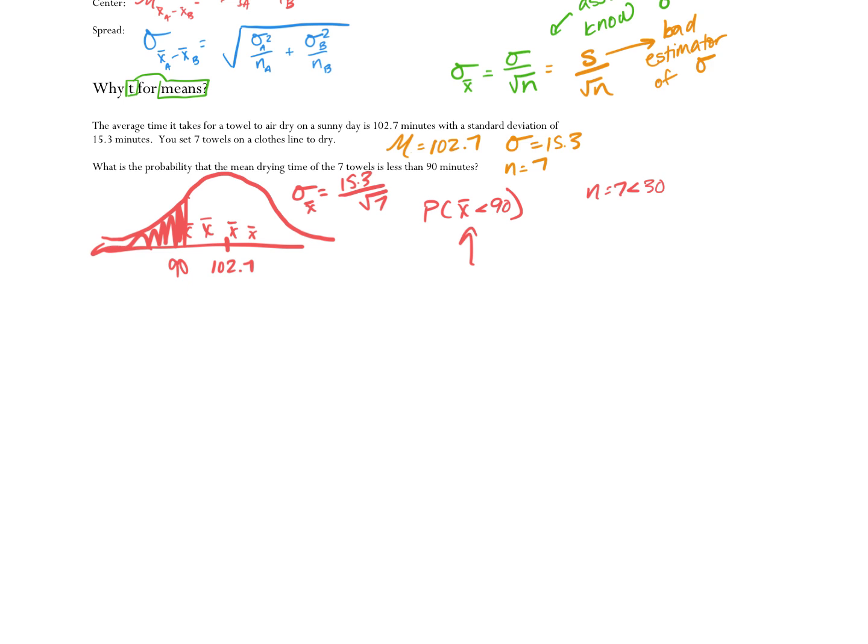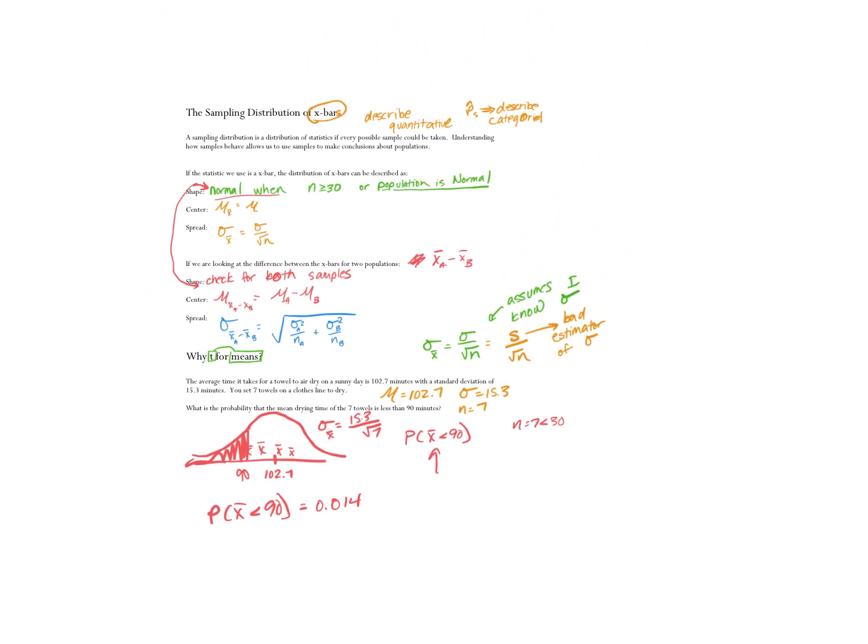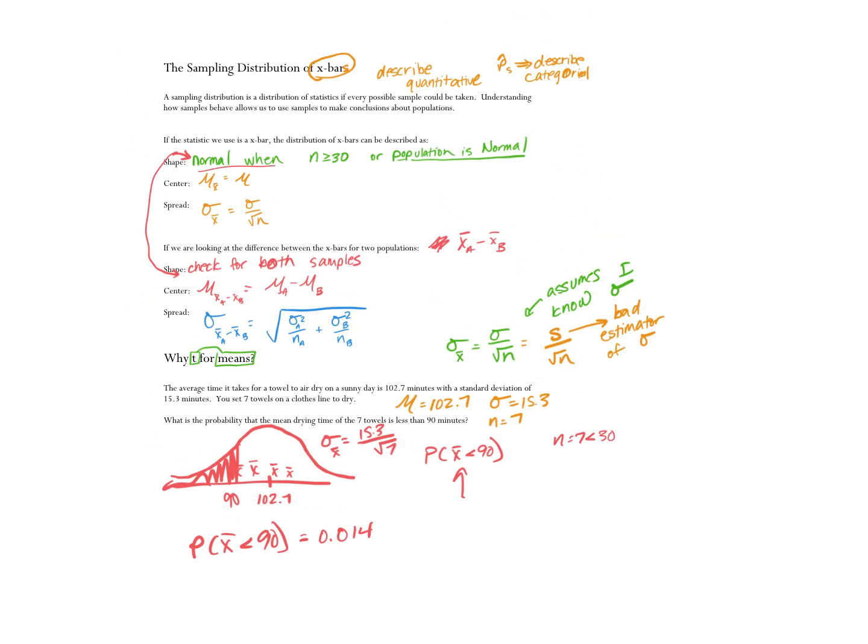And I found that the probability that X bar is less than 90 is equal to 0.014. Not super likely. Okay, so we would be pretty surprised if we got a sample where it took less than 90 minutes for those towels to dry.